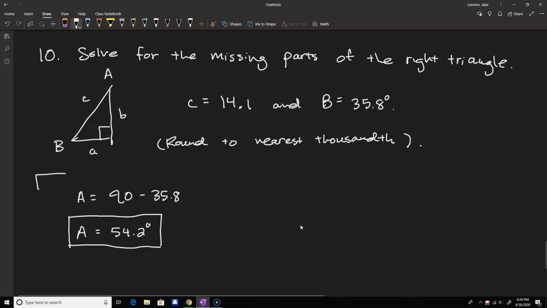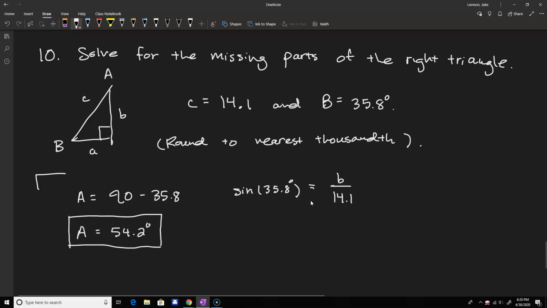Okay, so now we want to find the sides a, b, and c. We want to use the trig ratios to do that. If we just want to use angle B for all 3 of them, we can. So let's say we want to do the sine of angle B. The sine of 35.8 degrees is going to equal the opposite, b, which is unknown, over the hypotenuse, which is known, 14.1.